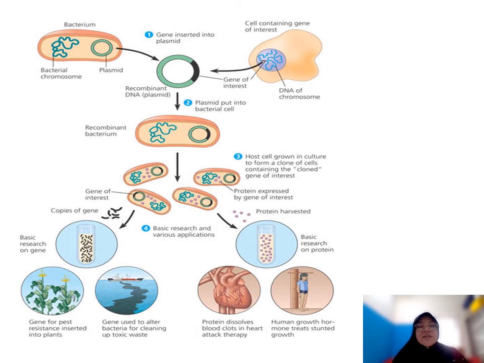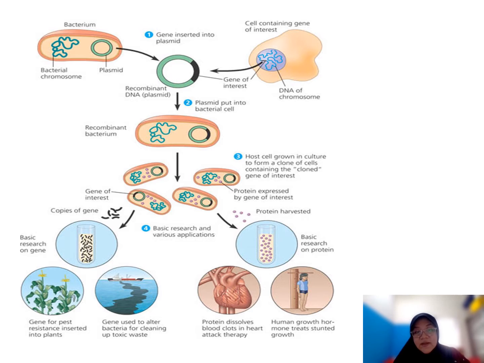So from this picture here, this is the bacteria, and inside the bacteria they have the bacterial chromosome and also the plasmid. The plasmid will be extracted from the bacteria and cut using the restriction endonucleases, and the restriction endonucleases will also be used to cut the gene of interest from the cell.